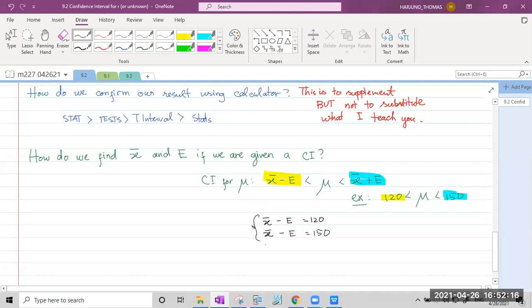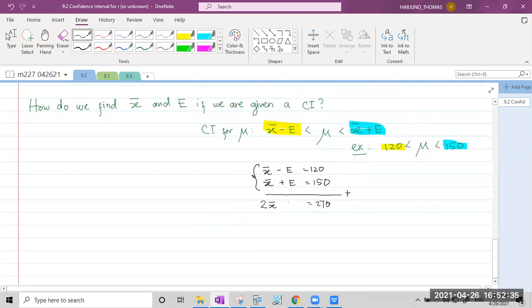Now, from algebra 1, we learn solving a system of equations by the addition method. If I add this, I will get 2 times sample mean equals 270. So divided by 2, x bar will be 135.